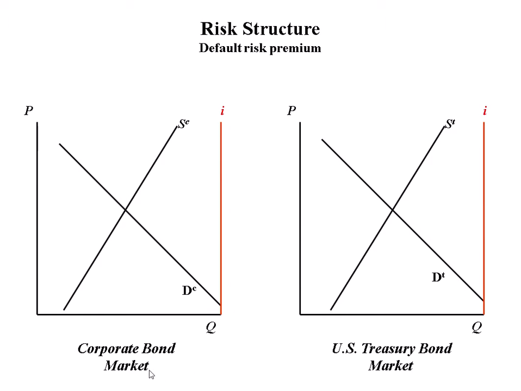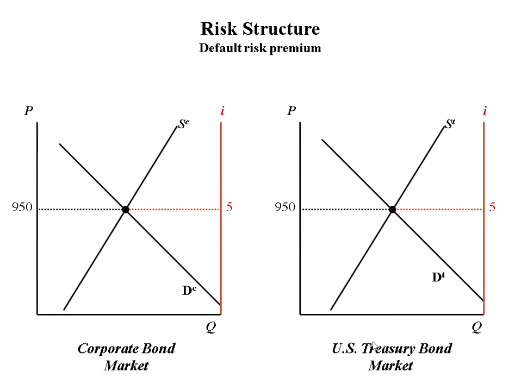You have a corporate bond market and you have the U.S. Treasury market. The U.S. Treasury market is considered risk-free. Maybe as soon as corporate bonds, maybe the first corporation that issued a bond, people assumed they won't default, right? So in an initial setting, we're holding everything constant between these two issuers of debt.